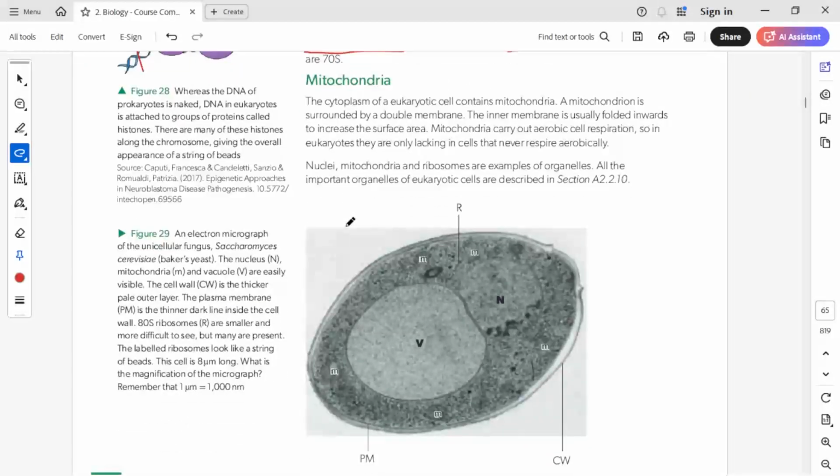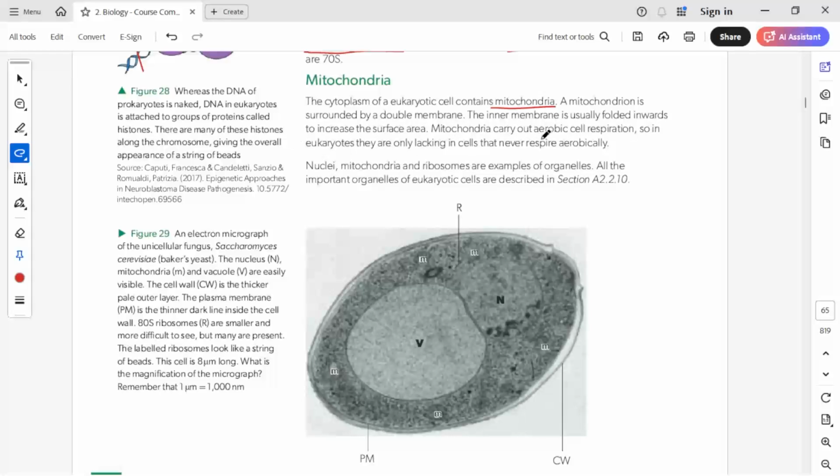Now coming to the next organelle, that is the mitochondria. It is called the powerhouse of the cell. Most of the energy production in the form of ATP is done inside the mitochondria. Mitochondria is surrounded by a double membrane. Just remember, the nucleus is surrounded by a double membrane, which is called the nuclear membrane, and mitochondria is also bound by a double membrane. The inner membrane is usually folded inwards to increase the surface area.